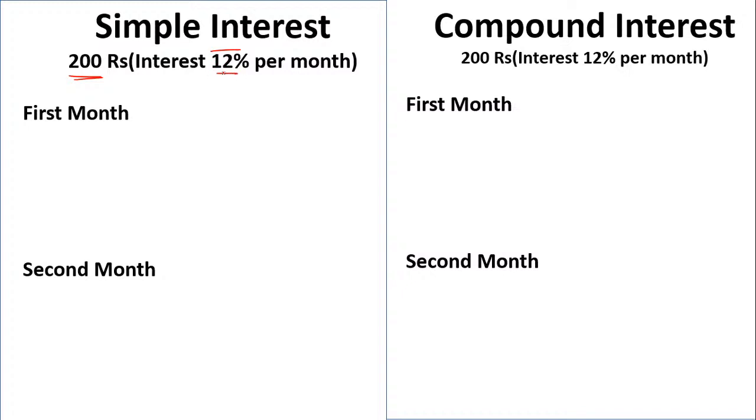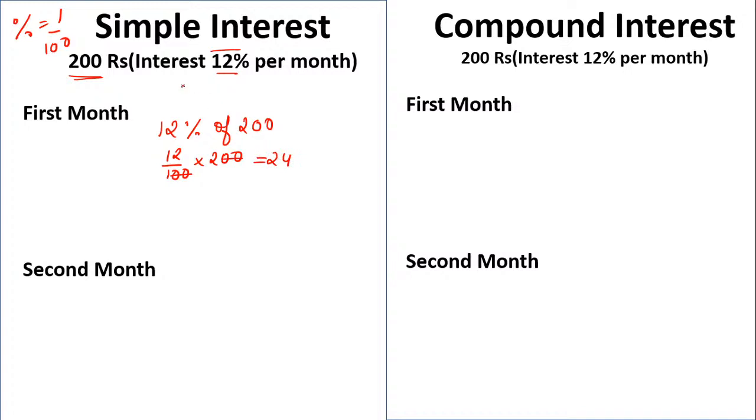So if you talk about 12% of 200, what will it be? Whenever there is a percentage, students, we replace it with 1 upon 100. So we'll do 12 upon 100 into 200. These two zeros will be cancelled with these zeros and the remainder will be 24.